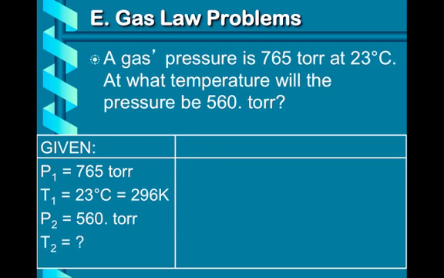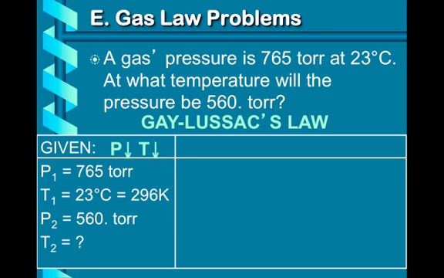So if we're dealing with pressure and temperature, we know that we must be dealing with Gay-Lussac's law. Gay-Lussac says that as pressure decreases, since we have a pressure decrease here, temperature must also be decreasing. Remember, these two values are directly related.